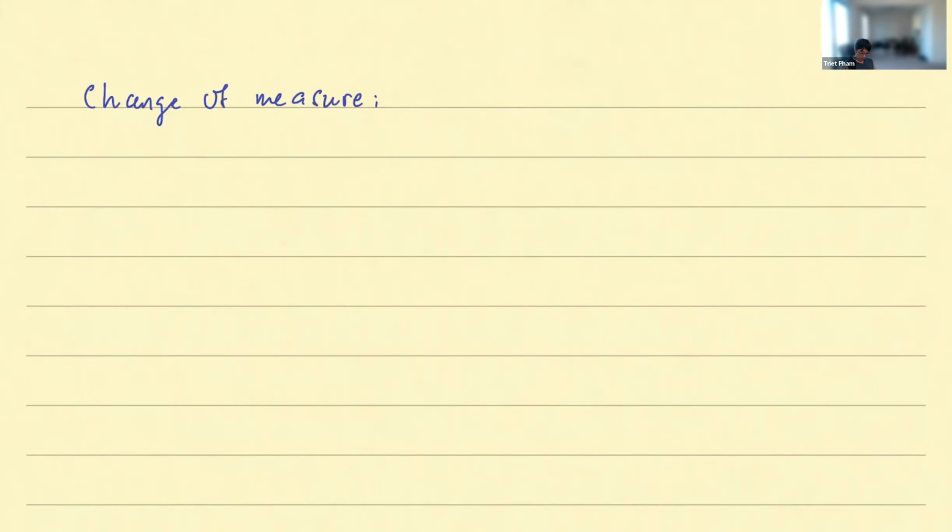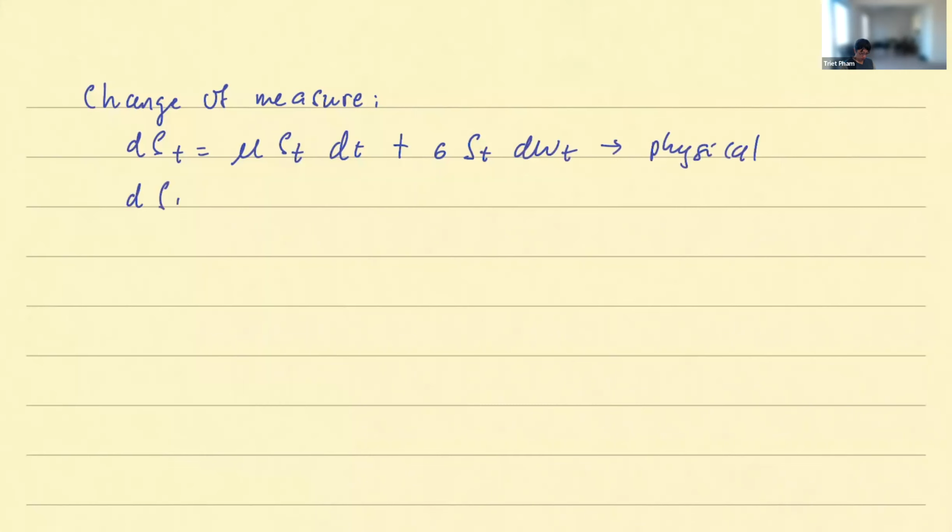The framework is that we start out with the physical world. Physical meaning this is how the stock actually behaves, or how we see it empirically behaving. And then we know that for the pricing equation to work, I'll write down later.